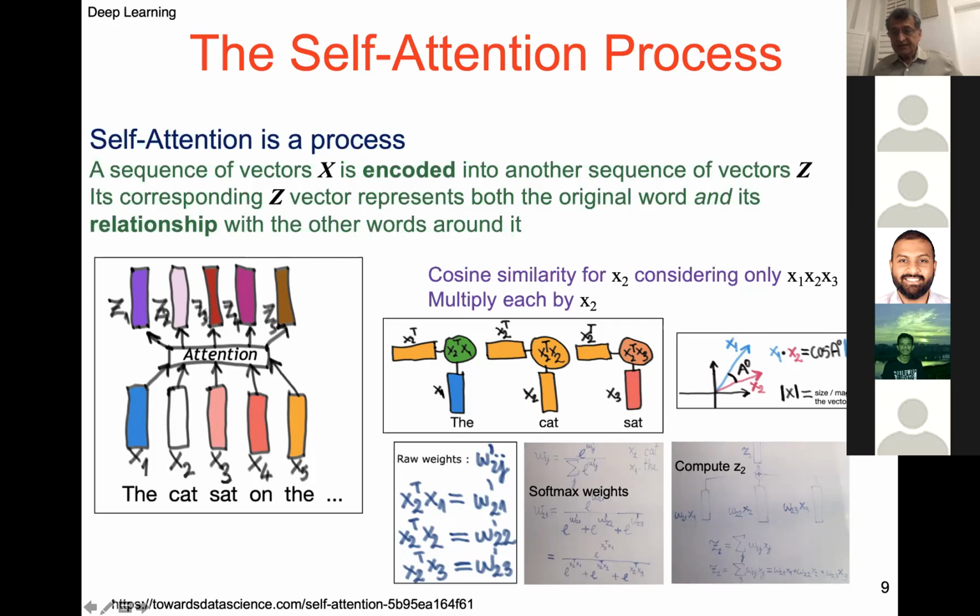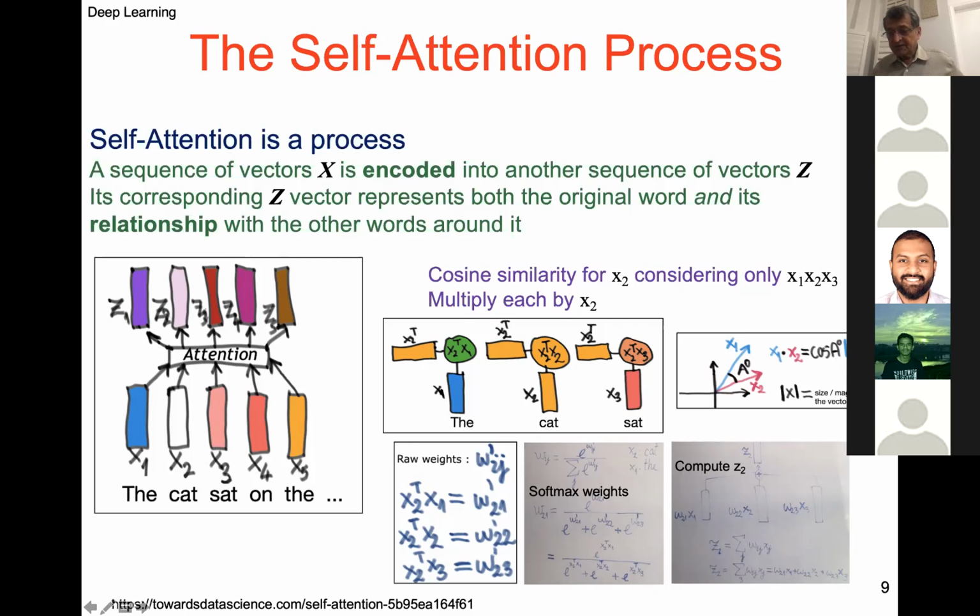Cosine similarity, interestingly, is related to the dot product between the two vectors. So x1 times x2, the dot product of these two vectors, is equal to the cosine of the angle A between x1 and x2, times the magnitudes of the two vectors, x1 and x2.